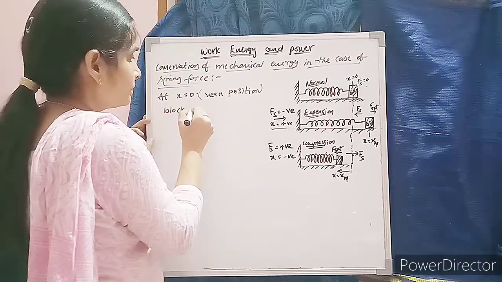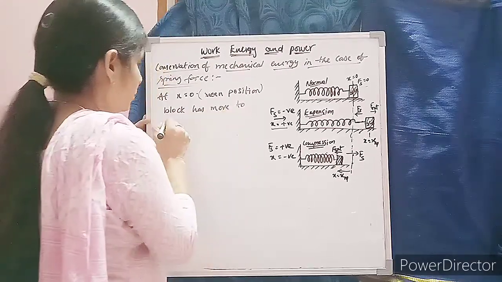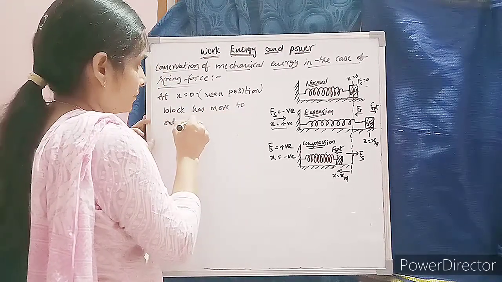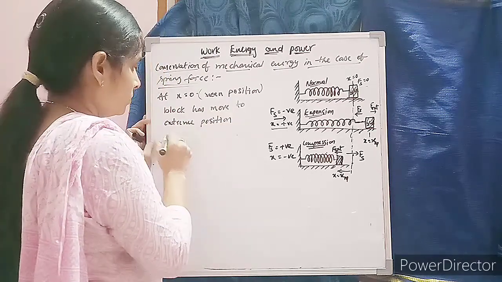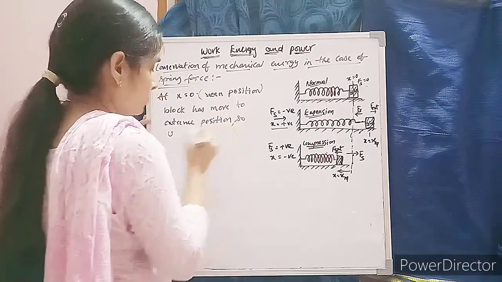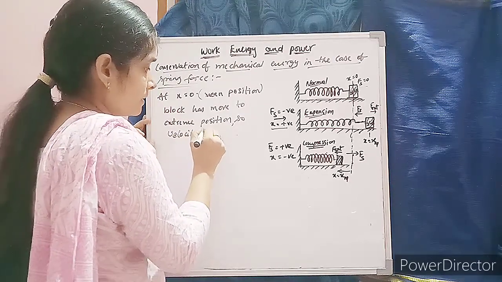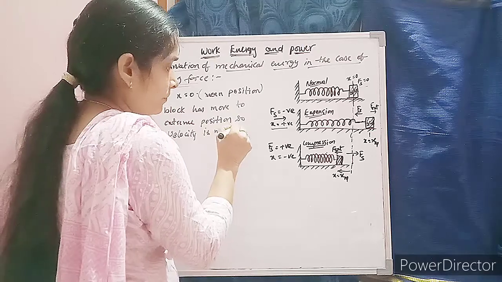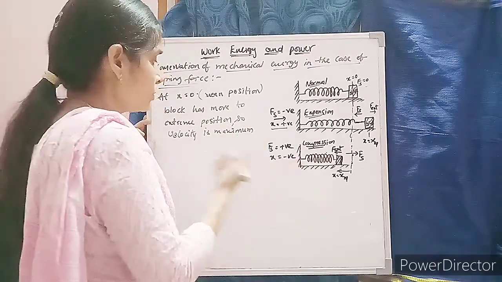So at x is equal to 0, that is at mean position, the block has to move to the extreme position. So velocity is maximum. Velocity maximum means kinetic energy is also maximum.